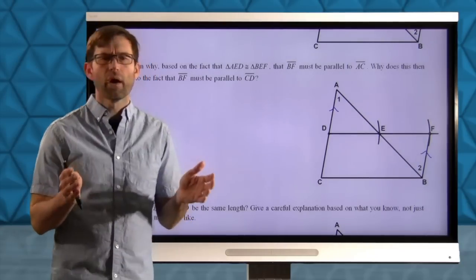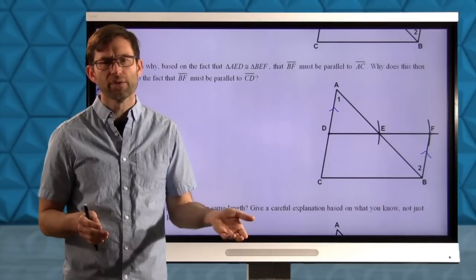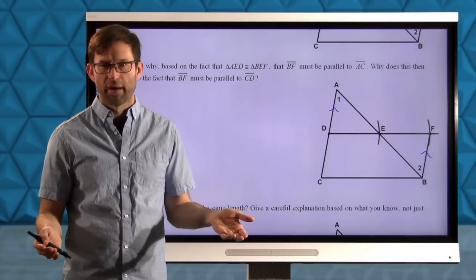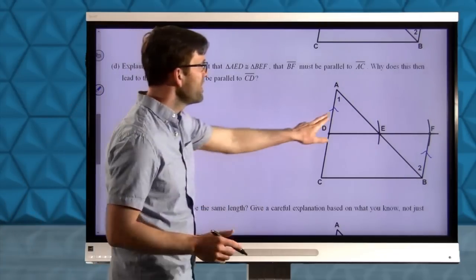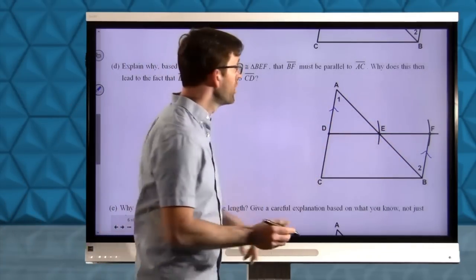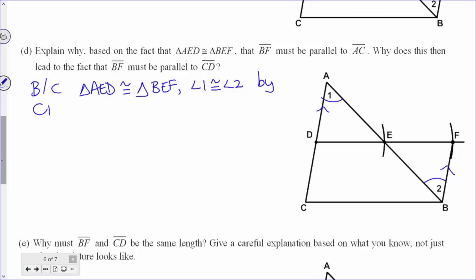Well, to prove that two lines are parallel, almost always you first have to show that either a pair of alternate interior angles are the same or a pair of corresponding angles are the same. But we know that these two triangles are identical, which means that angle 1 must be congruent to angle 2. So because triangle AED is congruent to triangle BEF, angle 1 is congruent to angle 2 by CPCTC, right?